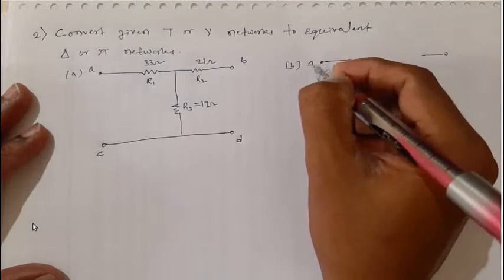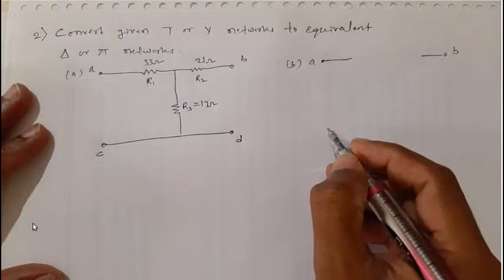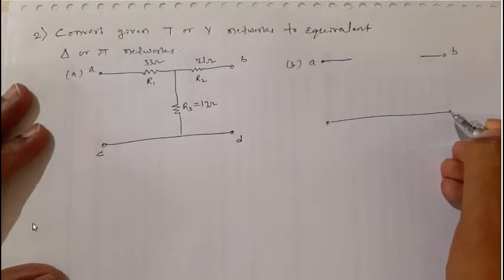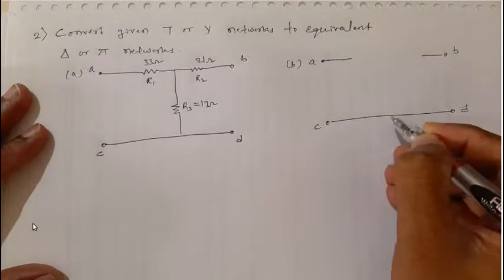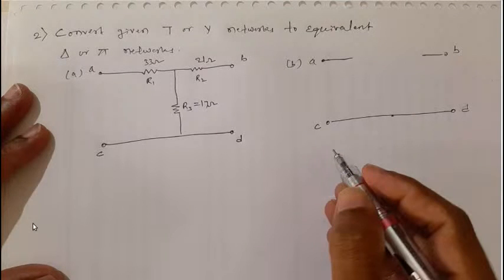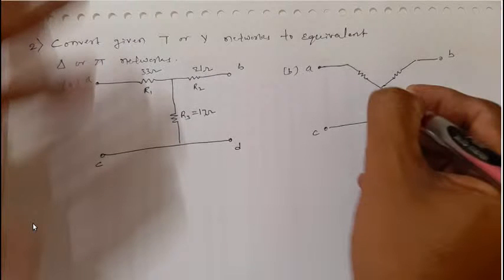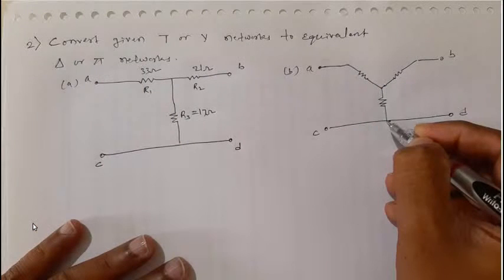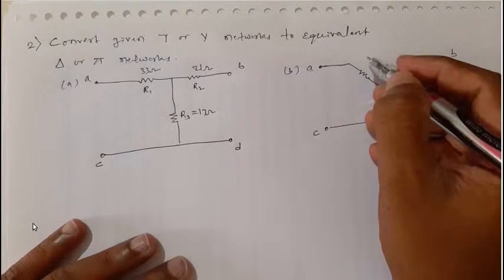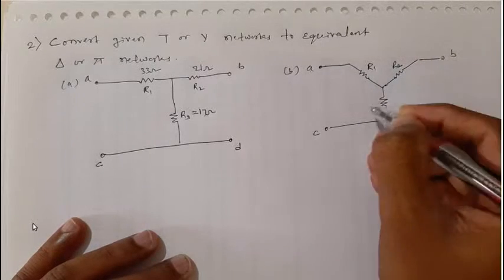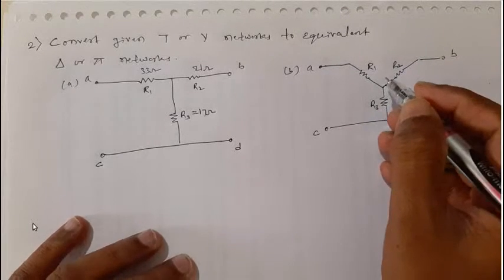So this is A and B, below we get C, D, and this network, and this third resistor. I call this R1, this R2, and this R3.